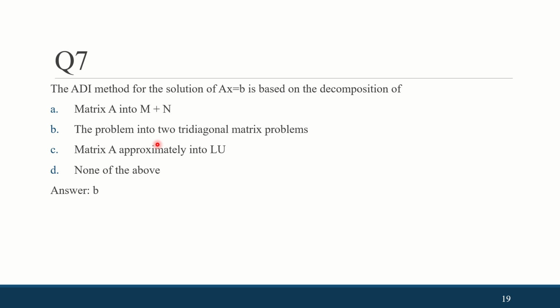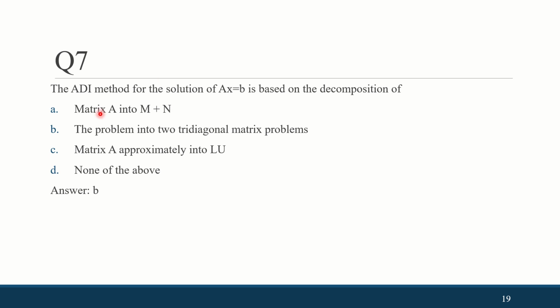We are not simply dividing the matrix A into M plus N, but rather we are dividing the matrix A into two tridiagonal matrices, so that we are getting a new approach over here.